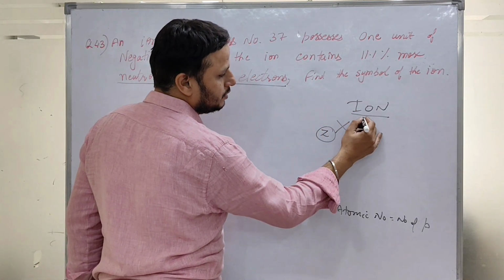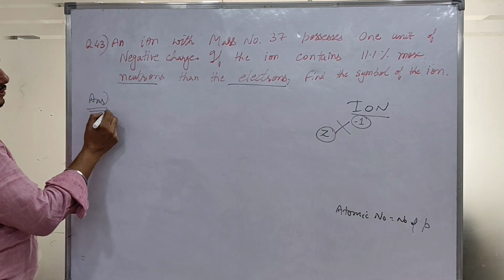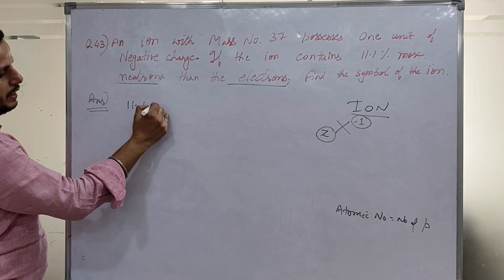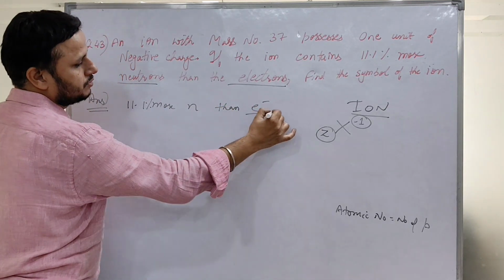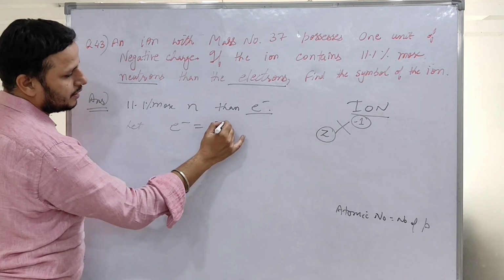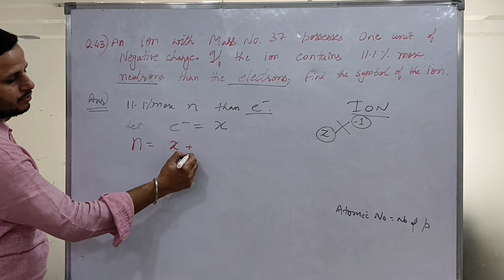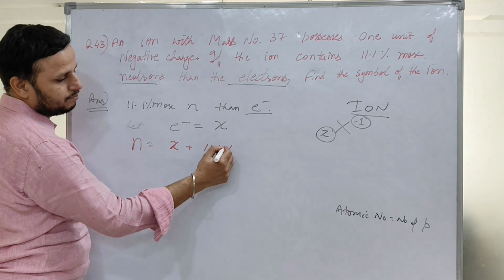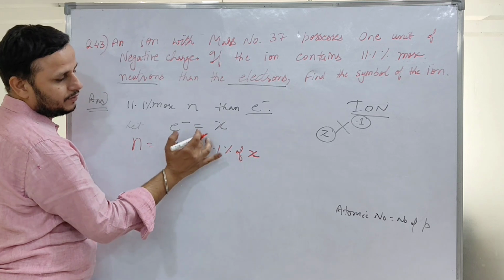This is an ion with 1 unit of negative charge, and we will use this statement: it contains 11.1% more neutron than electrons. तो जिसके कंपैरेटिवली लिखा है, आई एम टेकिंग इट एज एक्स। लेट इलेक्ट्रॉन्स इज इक्वल टू x. तो न्यूट्रॉन्स जितने इलेक्ट्रॉन्स हैं उससे भी 11.1% ज्यादा है, 11.1% ऑफ क्वांटिटी ऑफ इलेक्ट्रॉन्स x.